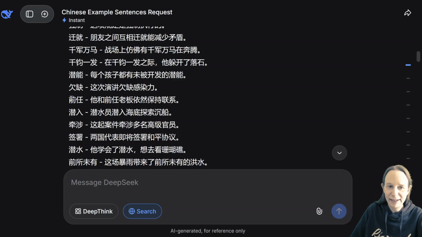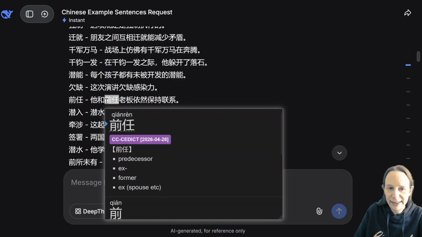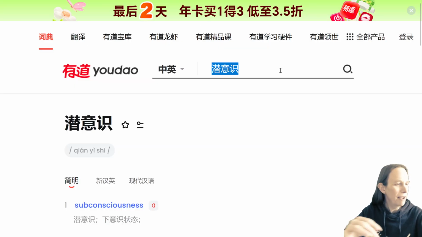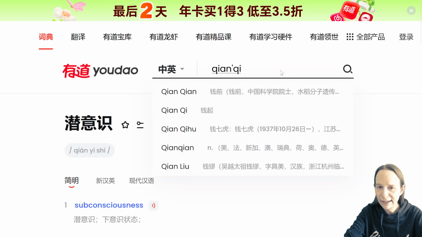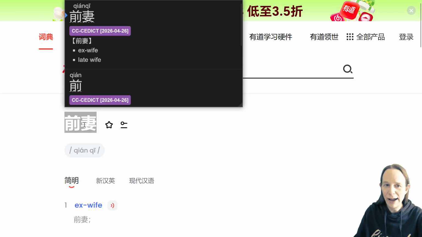All right, 前任. So 前 here is probably 之前, former, 任. So 担任, 是之前担任的. I presume if I look it up in the dictionary, it'll be that definition. 他和前任老板, so her former boss, 依然保持联系. Yeah, 前任 former, but ex-spouse. No, ex-spouse. 前妻, this one, ex-wife.